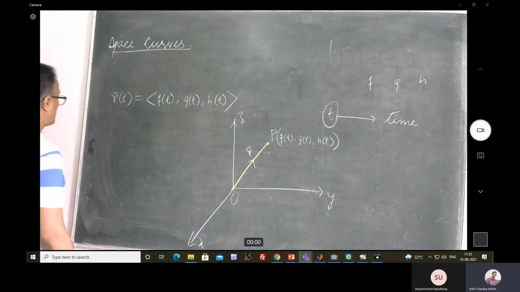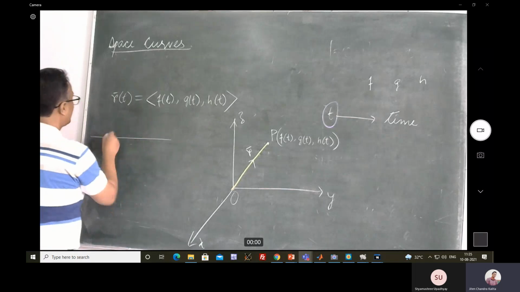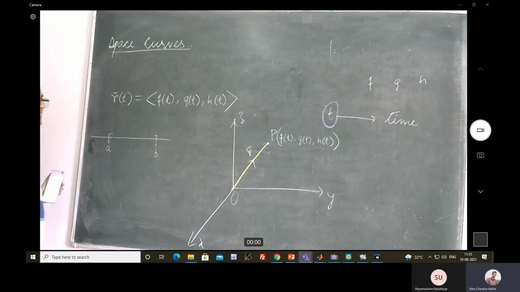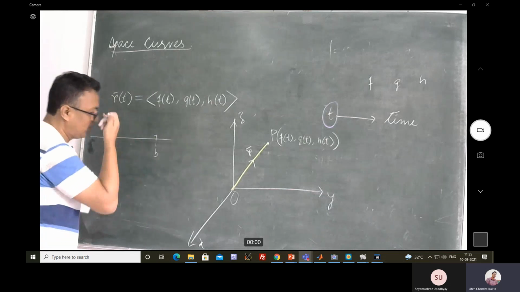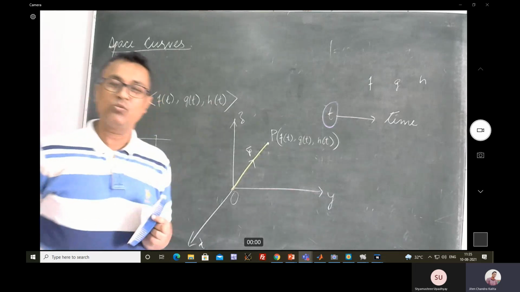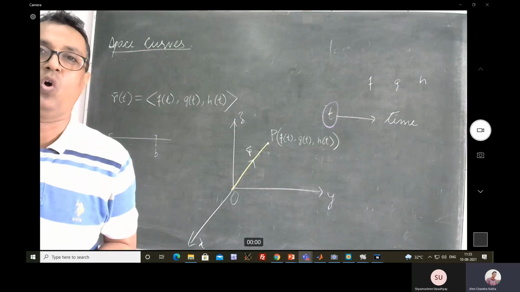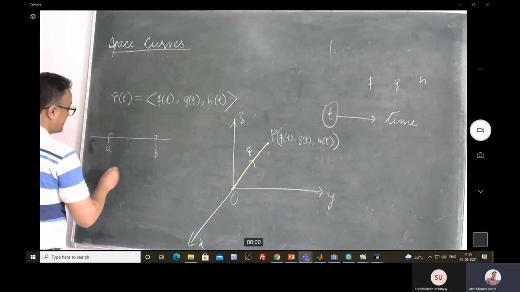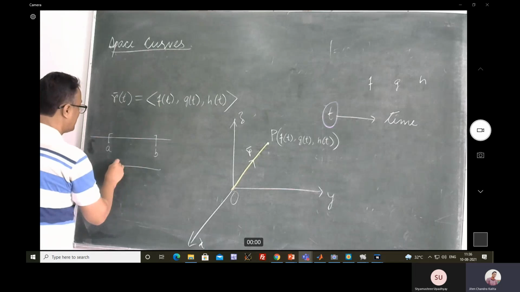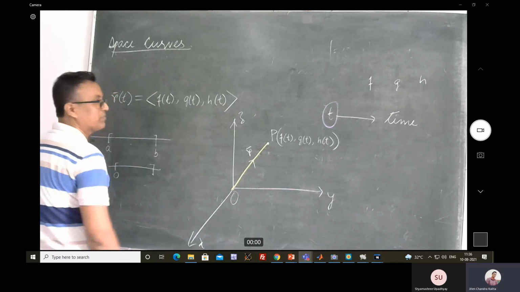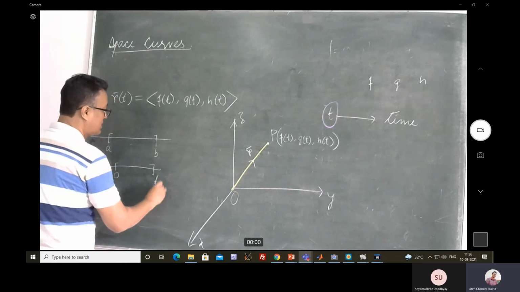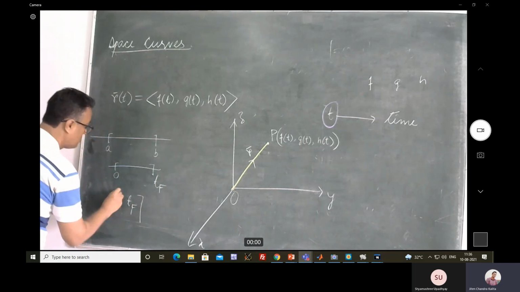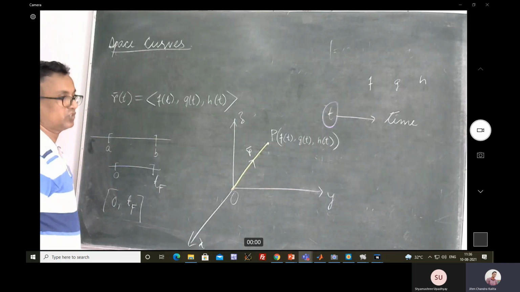Now, that interval AB, in fact, generally, if you want to relate it to the real world, is generally taken as something like 0 to some number. Let me call it TF. So I am considering this interval 0 to TF, where TF is strictly greater than 0.